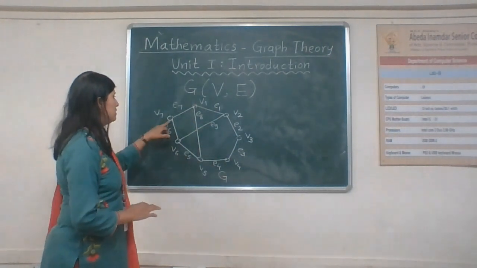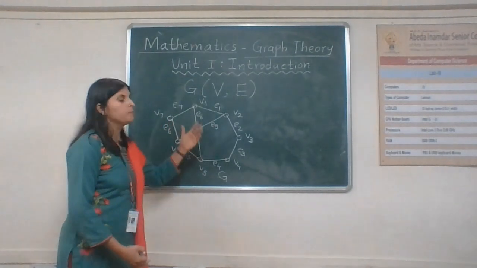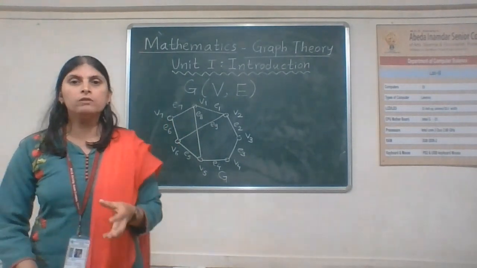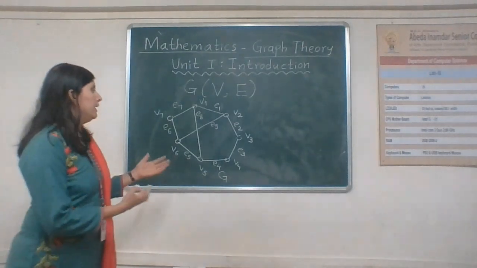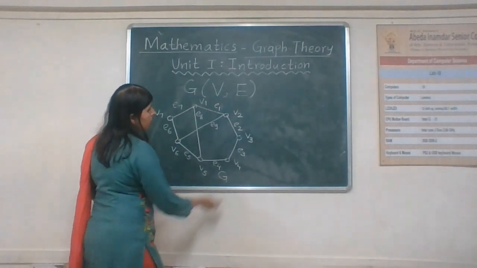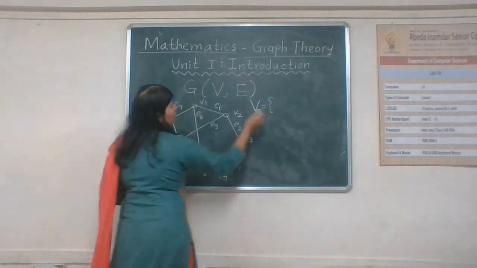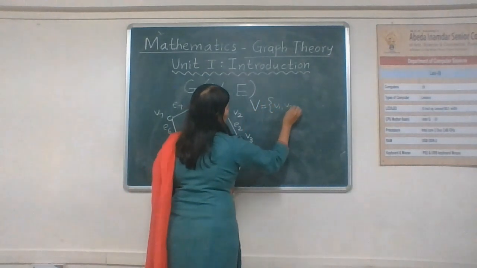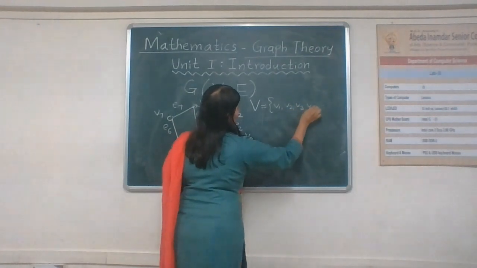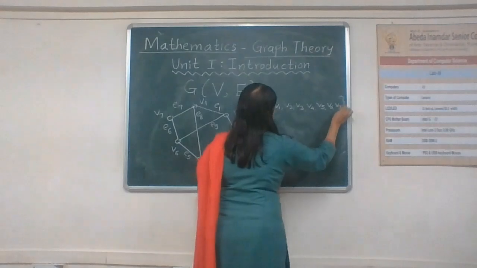And how many vertices are there in the graph? 7 vertices. So in this way, by drawing at least one vertex and edges, you can draw a graph. So this is my graph G with vertex set V equal to V1, V2, V3, V4, V5, V6, V7.